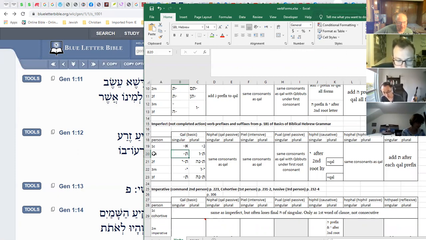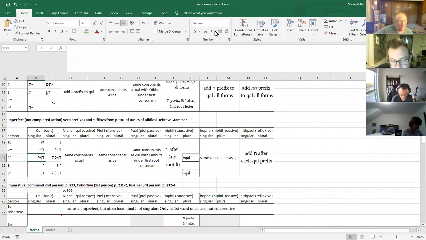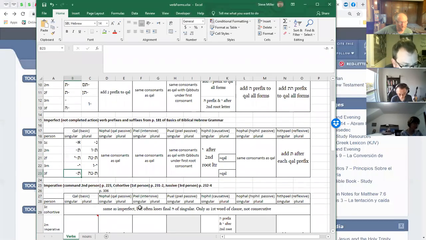Second person masculine has a tav prefix. Second person feminine has a tav prefix and a yud suffix. We don't see a yud suffix there, it's just a tav prefix. And then we see it in third person feminine. So it could be either second person masculine or third person feminine.